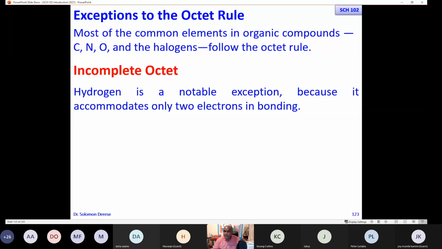So there is no way 1 plus 1, 2 can make 8. Even if we want to have 8 electrons around the hydrogen, it's not possible. That's why hydrogen is a notable exception to the octet rule.